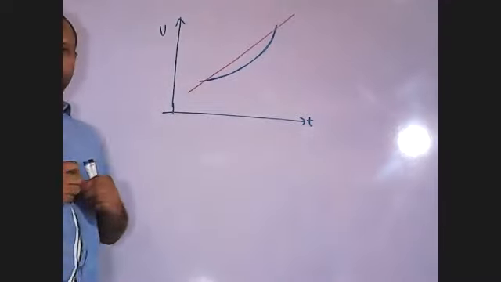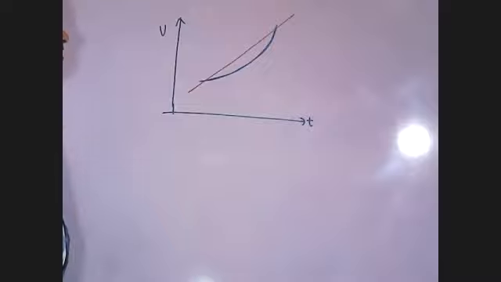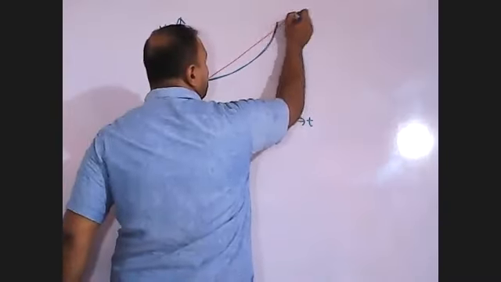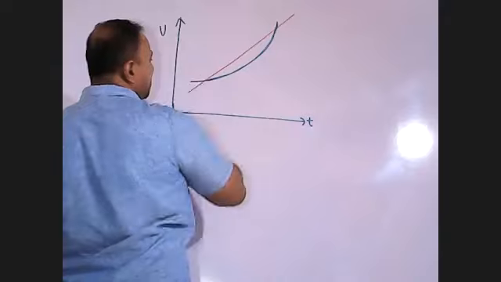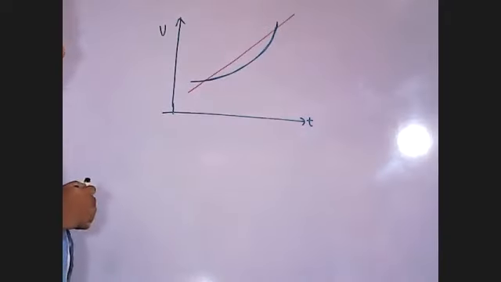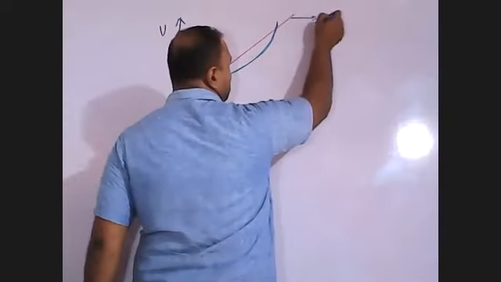A straight line means constant acceleration condition. This one has an increment in acceleration. Those are two conditions. This is a constant acceleration.